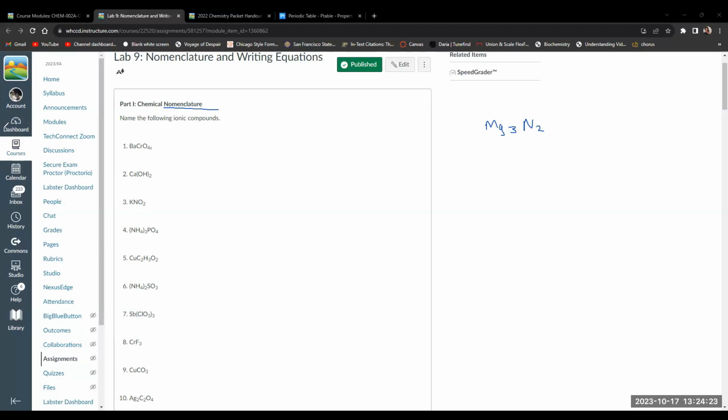It's manganese. I'm kidding. It's actually magnesium. Students tend to get manganese and magnesium mixed together, so something to keep in mind. And N is nitrogen.